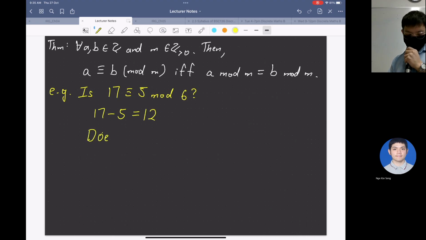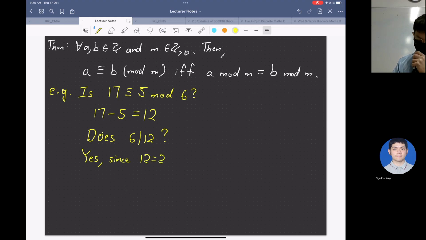Does 6 divide 12? Yes, since 12 equals 2 times 6. So 6 divides 12.